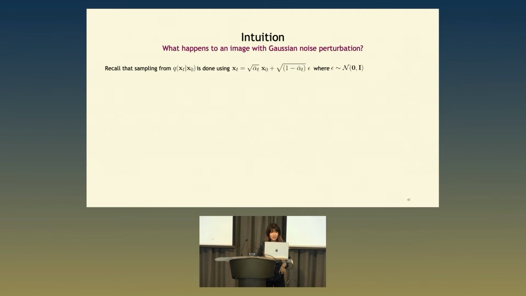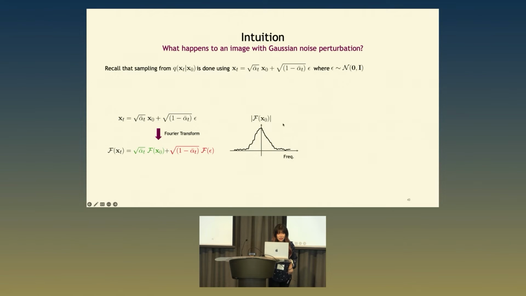So we are curious what the intuition is for why, for the best perceptual quality, we need to do this kind of data augmentation. Let's take a look at what happens to an image when we do this Gaussian noise perturbation augmentation. Suppose we have x0 as our clean data, and then we add a certain amount of noise to reach this xt. We can encode this linear transformation in the Fourier space, which means the Fourier components of our clean sample are also perturbed. Assume this is the distribution of the magnitude of different Fourier components.